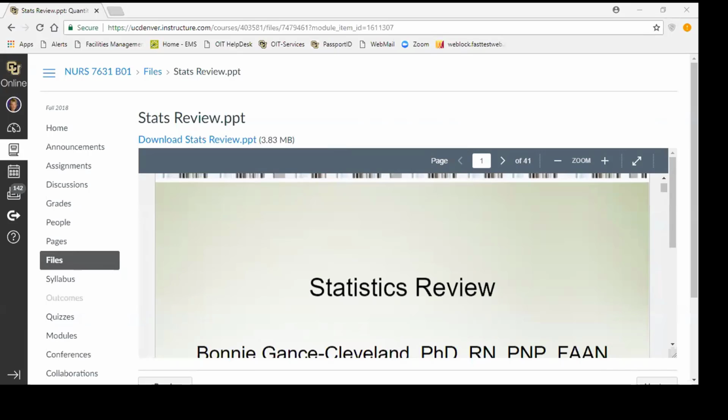And you can see the deviation. So you calculate a deviation for each person, find the absolute value, add them up, divide by the number of people, and that gives you your mean absolute deviation.